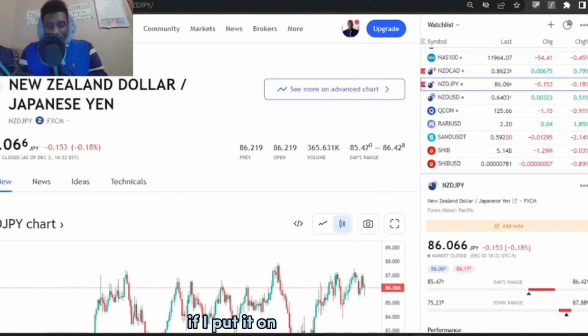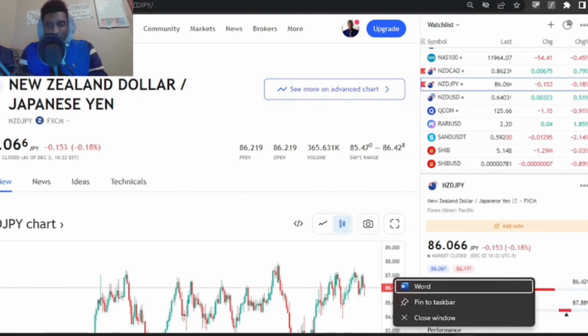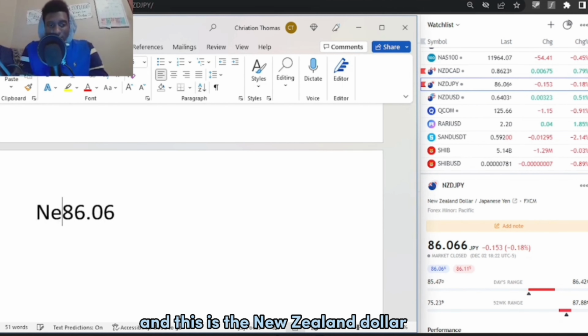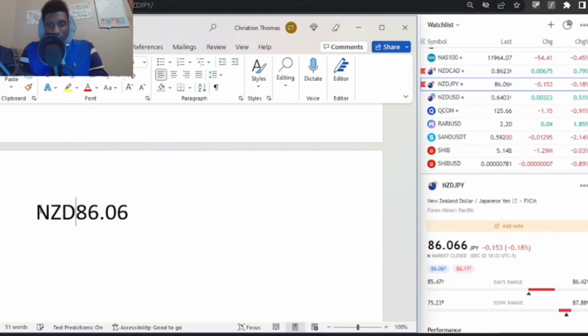So if I put it on the whiteboard, 86.06. And this is the New Zealand dollar versus the Japanese yen.